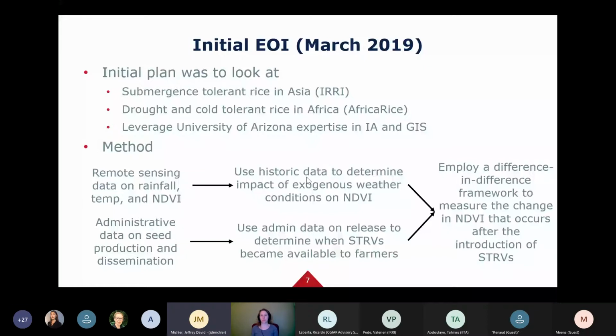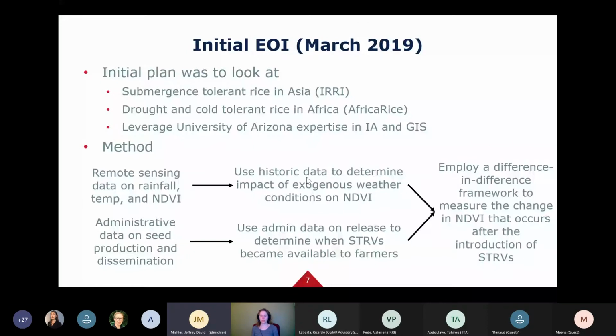And then we take administrative data on seed production and dissemination. We'd use data on when the seed was released and how much was released, when it became available to farmers. And we can combine these two sorts of data and just employ a simple difference-in-difference framework to measure the change in NDVI that occurs after the introduction of STRVs.